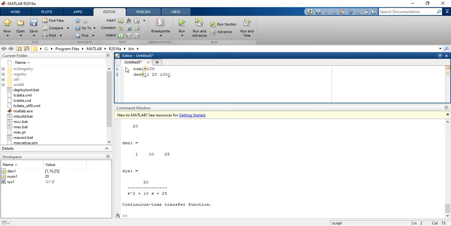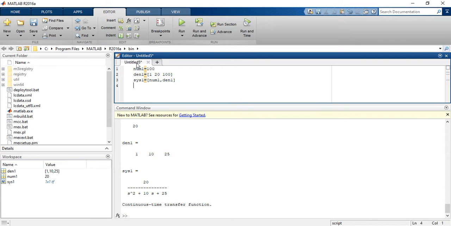So this will be num1 and then den1. Now I will take system1 equal to tf of num1 and den1, so it will give me the output as a system.